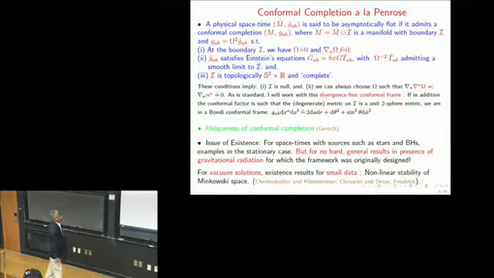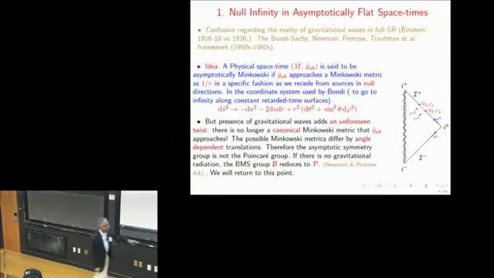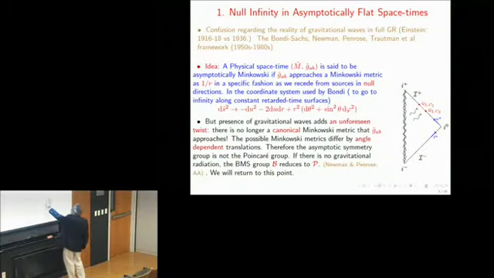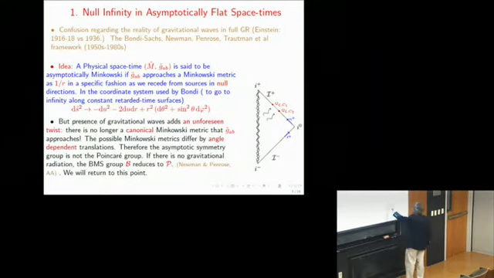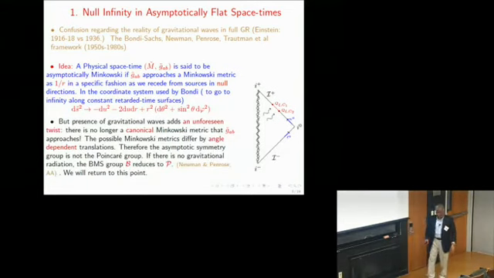Okay. So first of all, we start with the notion of what is a conformal completion. I already had this picture up here. You've got a physical space-time with some sources, and then you are bringing infinity in, attaching a boundary to the physical space-time, and this is a conformal completion. The physical metric is not well defined at the boundary, but if you conformally rescale it, then it is well defined on the boundary.